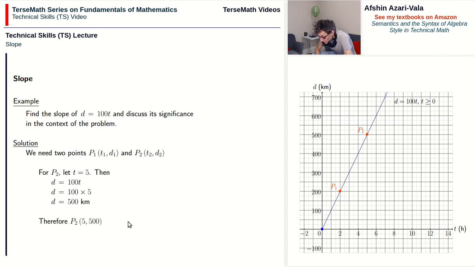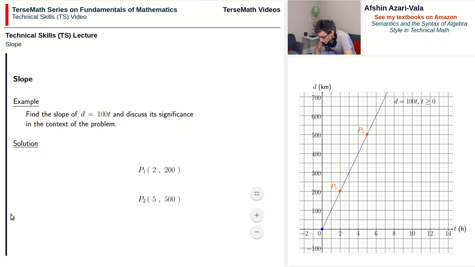So our second point is 5 and 500, which is this point. Okay, so we have our 2 points. Point 1 at 2 and 200. Point 2 at 5 and 500.